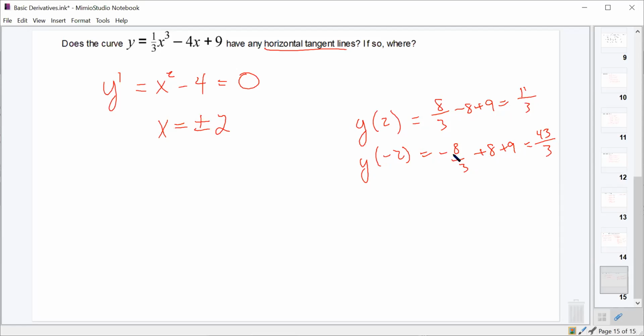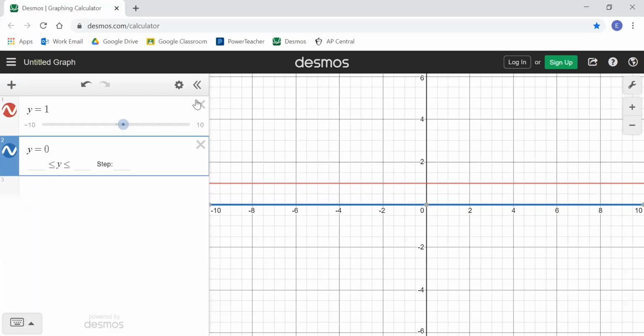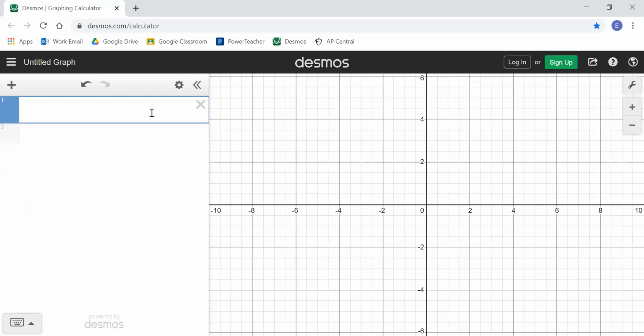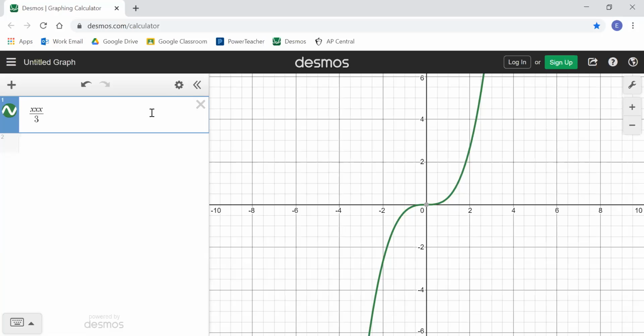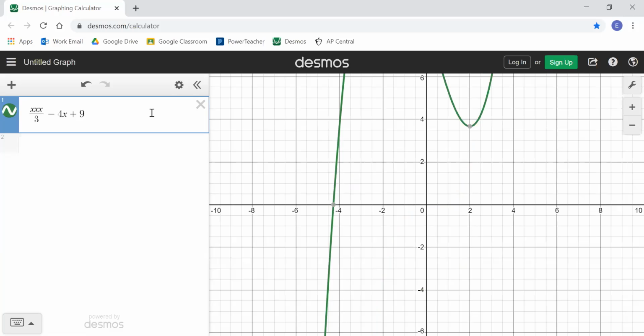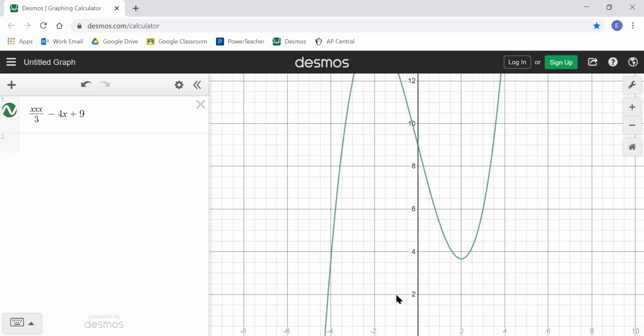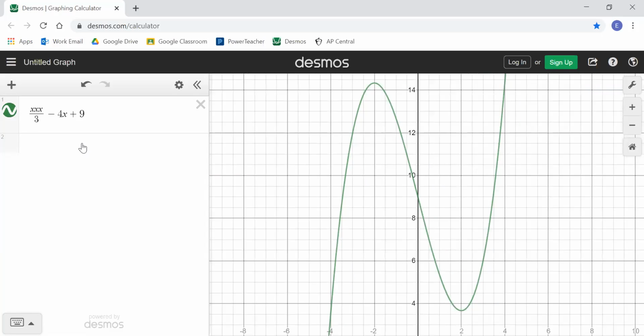So let's take a look at the graph and those two lines and see if we did it correctly. So we have 1/3 x cubed minus 4x plus 9, is that right? And then we had y equals 11/3.